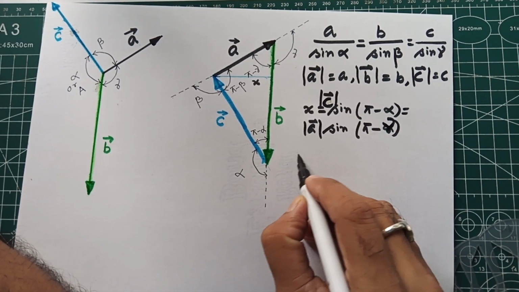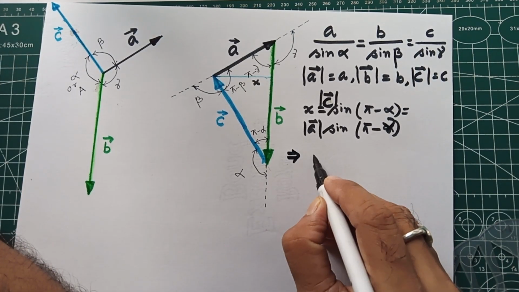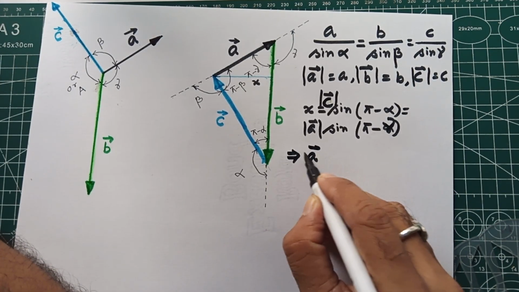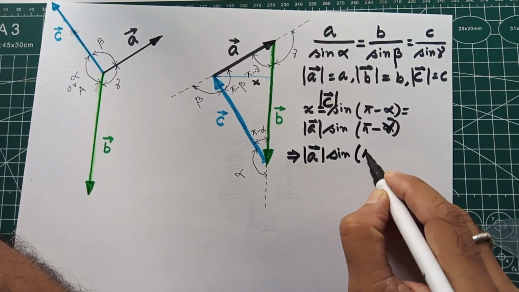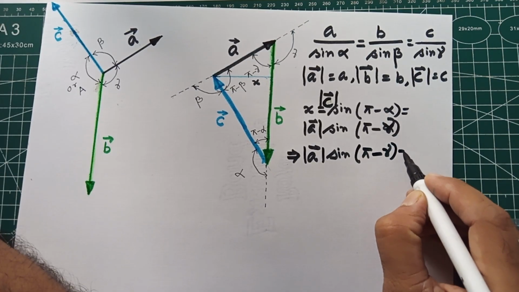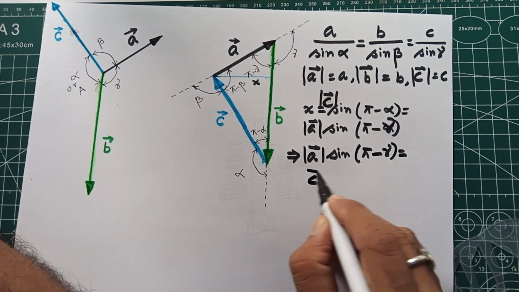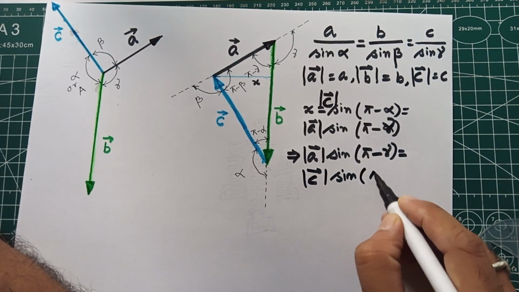Therefore we can write that a sine pi minus gamma is equal to c sine pi minus alpha.